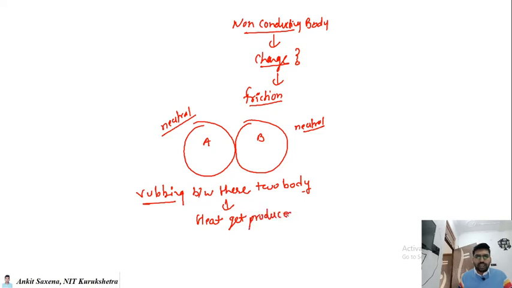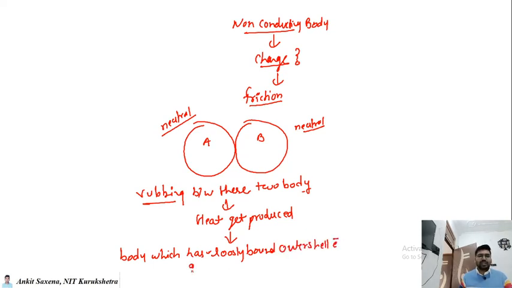The body which has loosely bound outer shell electrons, those electrons get free and transfer to another body by the method of rubbing or friction.